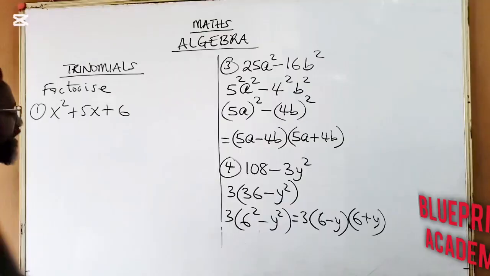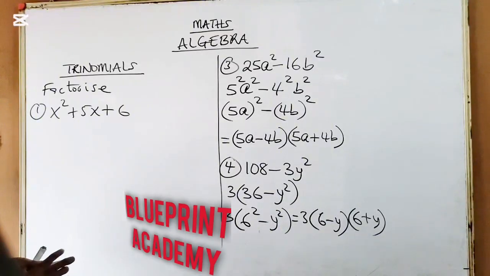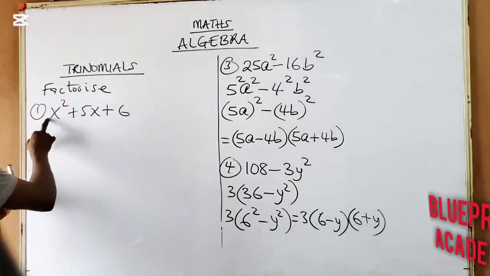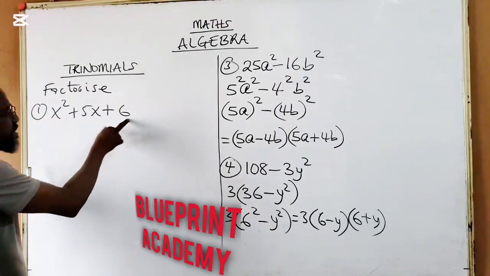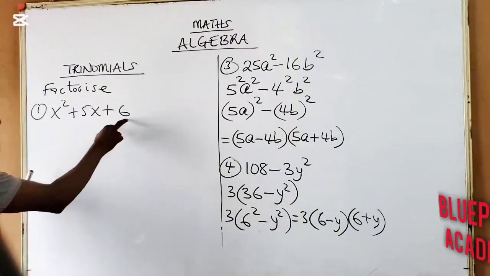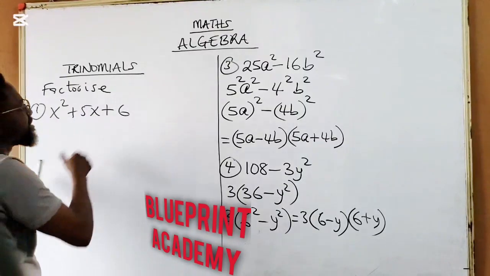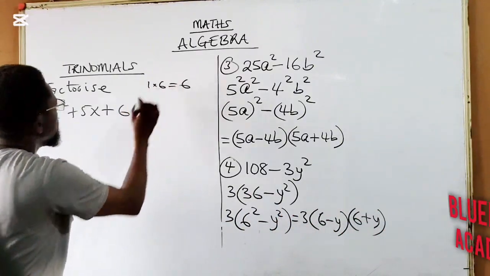Now if you want to factorize this kind of trinomial expression, what you do is, the coefficient here is 1, and this last thing here is 6. So I'll multiply whatever I have here by this last one. In this case, what I have is 1, so 1 times 6, and that will give me 6.